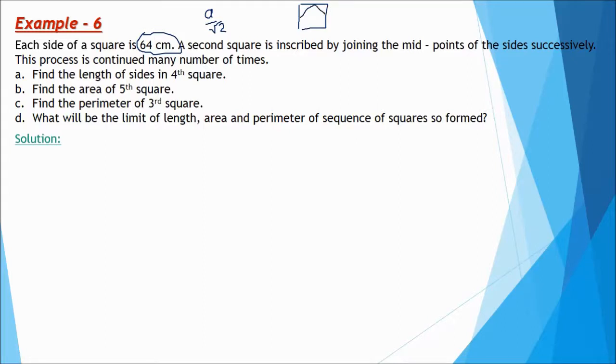We can easily find the length of the sides of this square. We can easily find the length of this side.